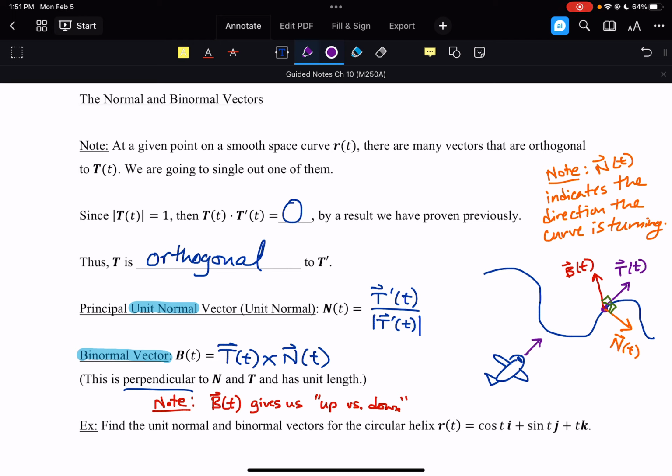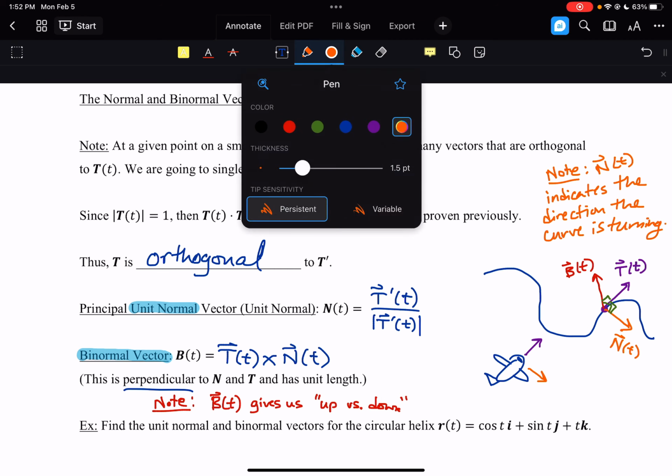It tells us what direction is forward, where we're going. If you need to make a turn, the normal vector tells us what direction the plane is turning. So if you're going to turn to the right, the normal vector is going to go to the right. If you're turning to the left, the normal vector goes to the left. If the plane is going perfectly straight forward and not turning at all, then that vector is not going to appear.